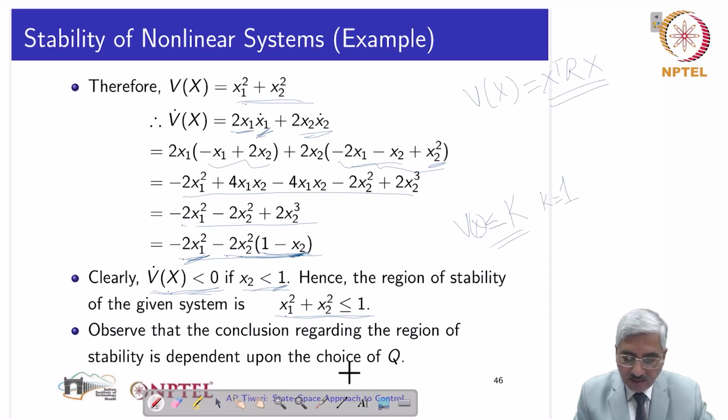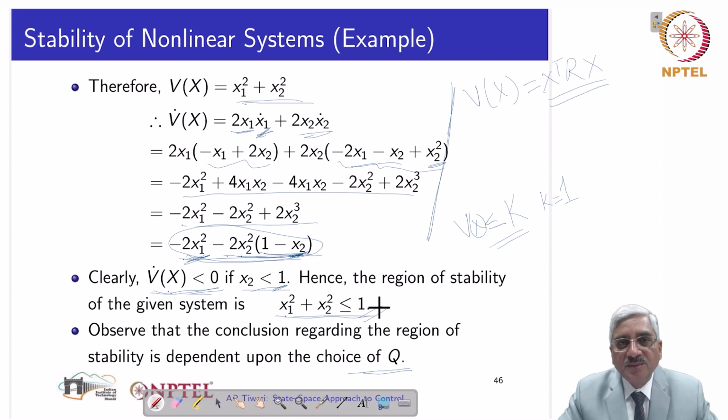And as I said, we have to select Q to be able to analyze this easily. Also, selection of Q will give the appearance of this, and accordingly this region may come slightly different and may come closer to the actual region in which the nonlinear system has stability.